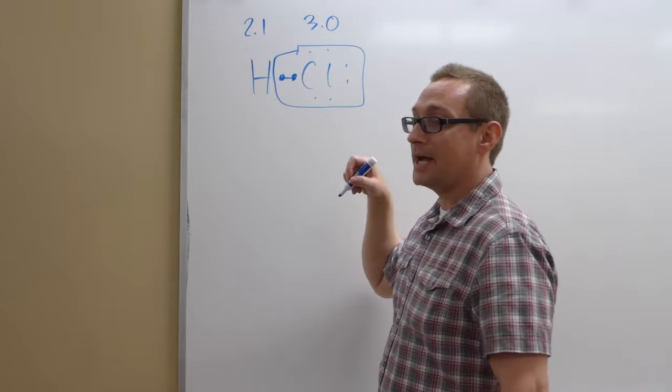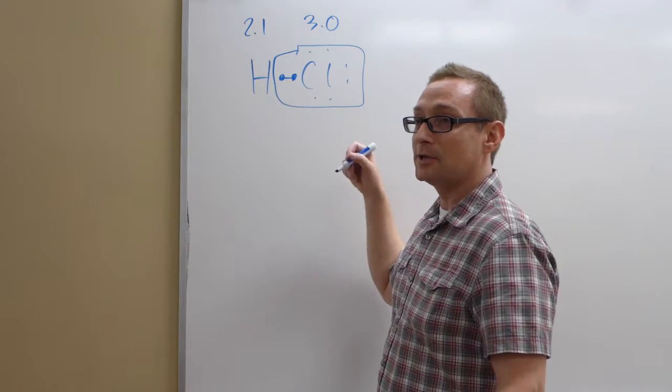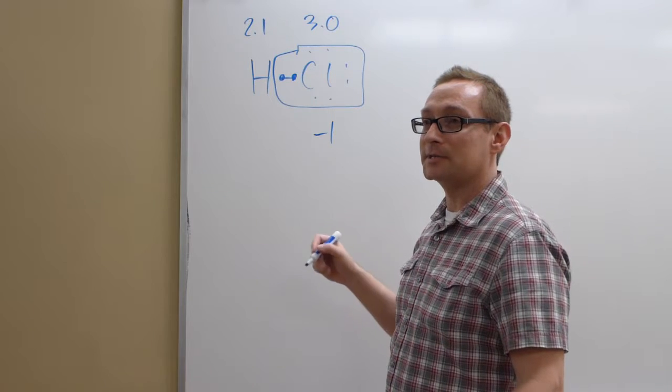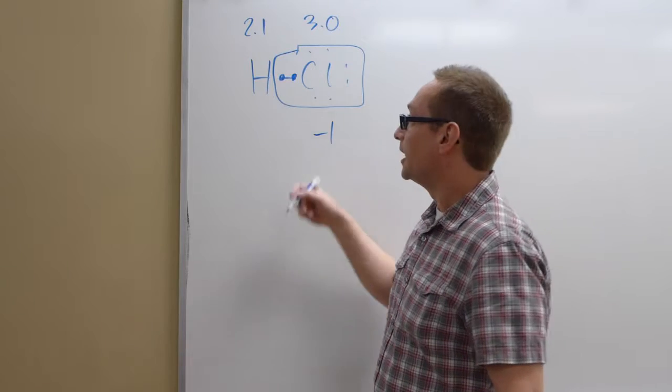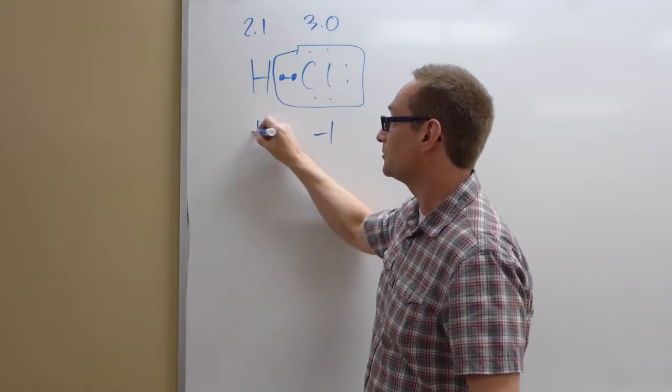So chlorine normally has 7 electrons, but here it's got 8 around it. And as a result of that, it is said to have a -1 charge on it. And that's where the oxidation number of chloride comes from in HCl. And then of course, since hydrogen has no electrons given to it, it now has a +1.